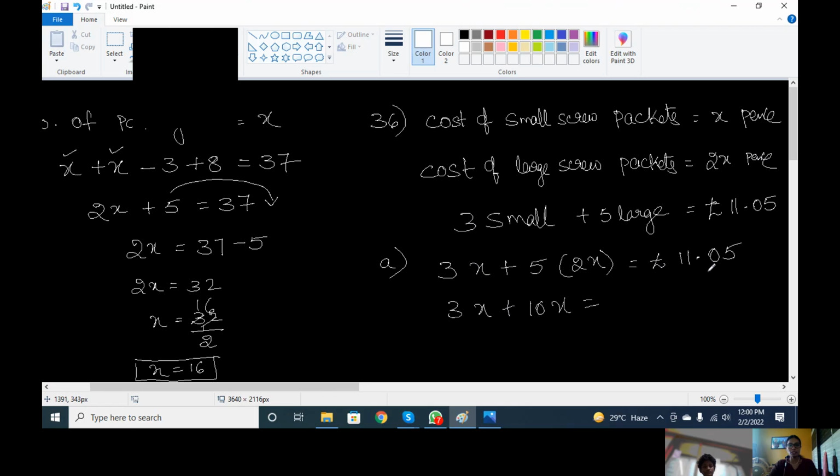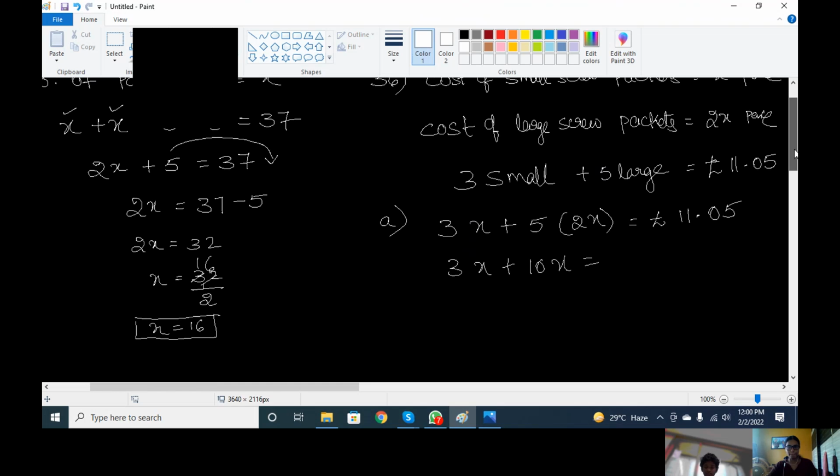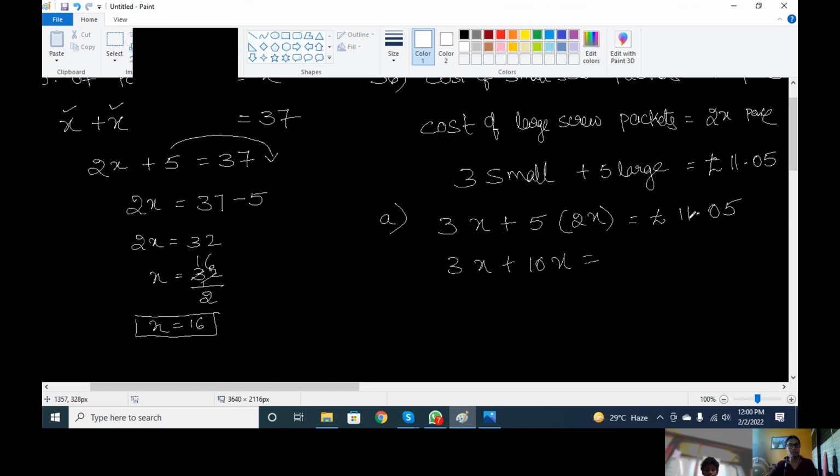Do you know 1 pound is equal to how many pence, Manu? I think it was 100. Yes. So 11 pounds means how many pence? 1100, plus 0.5.